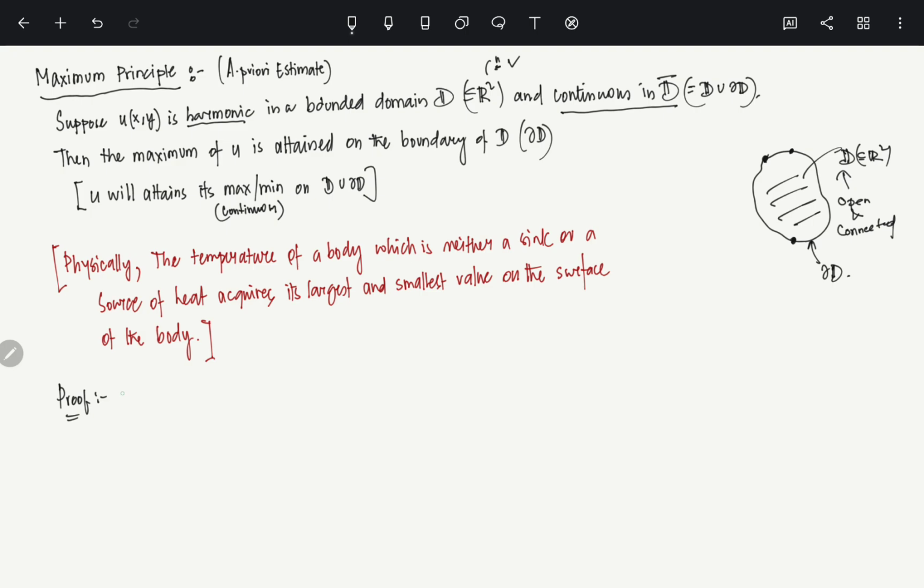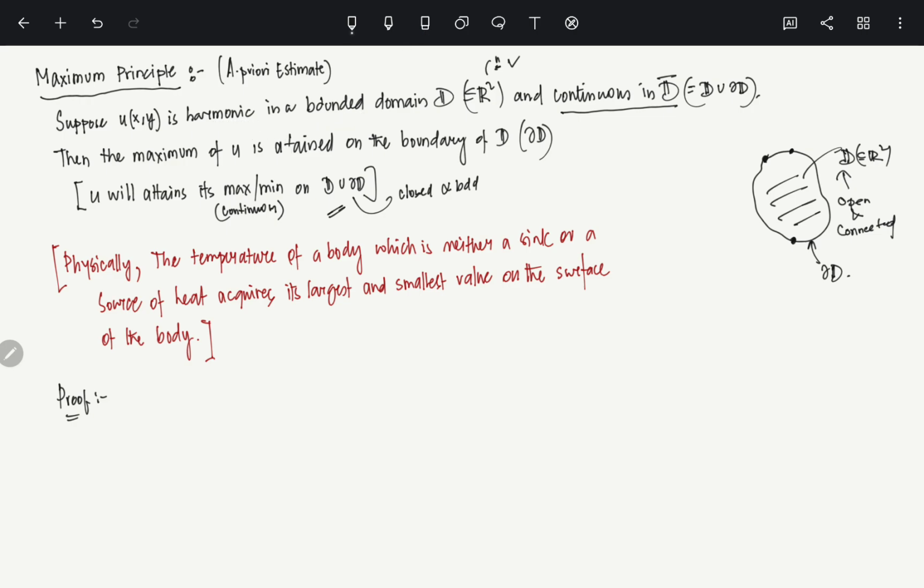As I told you, u is a continuous function, and D union del D is a closed bounded set. Why closed? D is open, but D along with its boundary gives you a closed set. And of course, it is bounded, since it is given as a bounded domain. Clear? So these assumptions are all required.